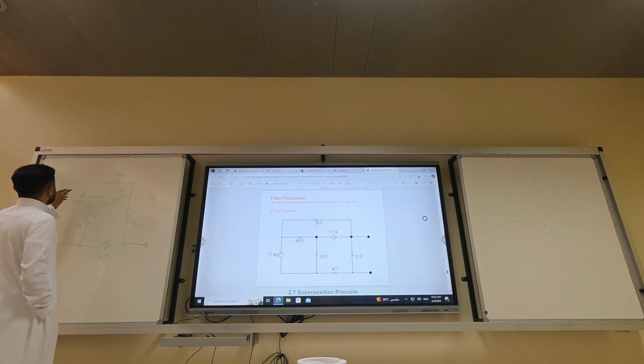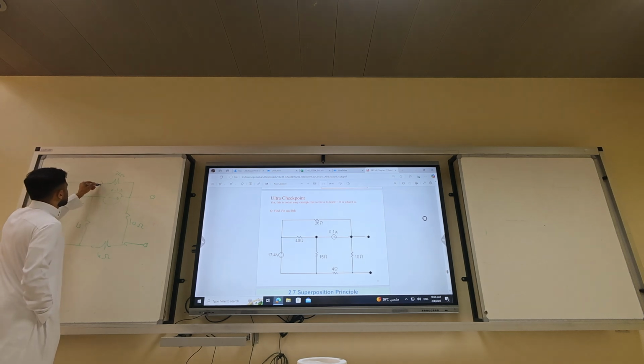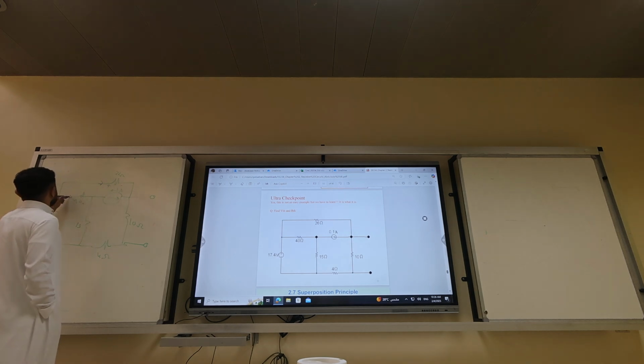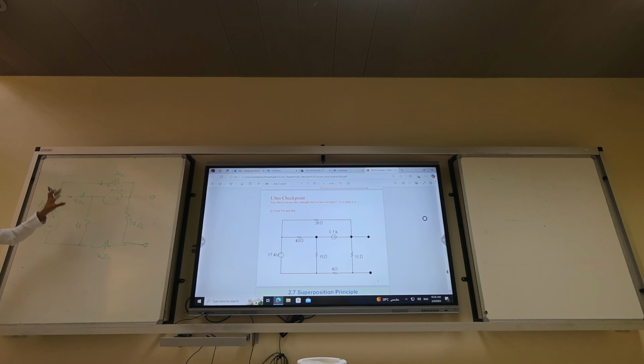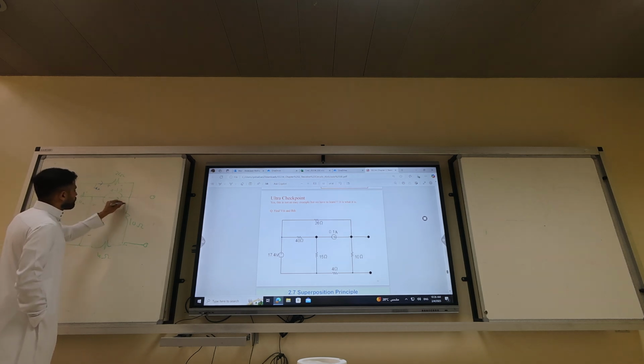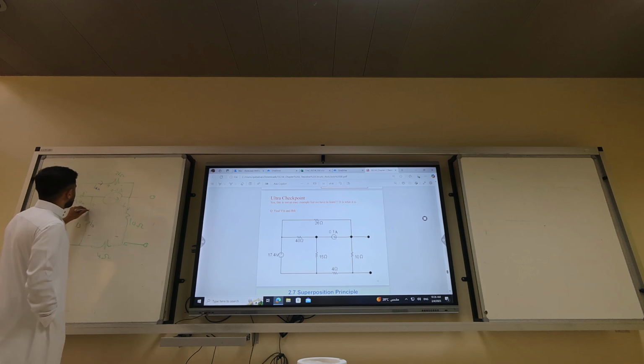Let's say that there is a current that enters here. We're going to call it plus some minus. A current enters here. Note that I did not name them for now because I don't know which method I'm going to use. So you can call them I26 ohm, I40 plus minus, I15 plus minus, I10.